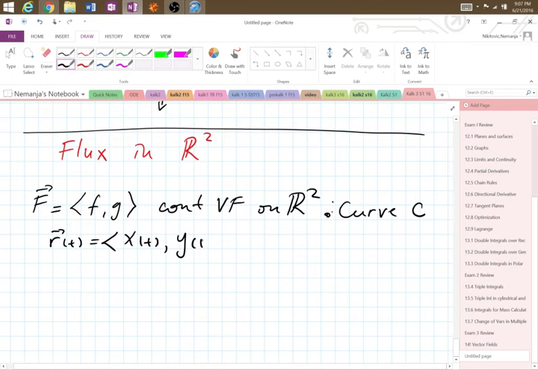Everything is parametrized, guys. Everything. Smooth, oriented, and does not intersect itself. That's another important point.